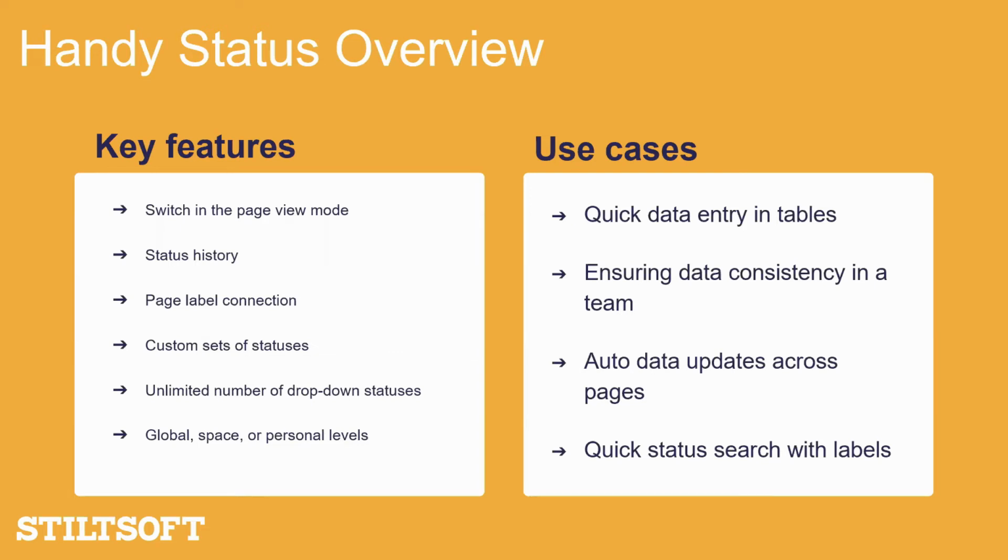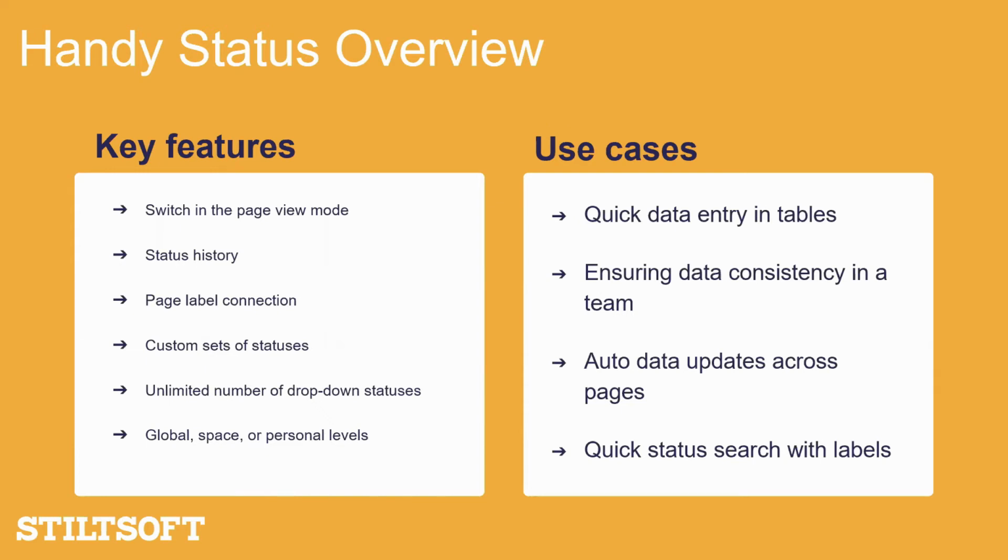There are many use cases for handy status, like quick data entry, especially in tables when you have lots of them on a page, ensuring data consistency in a team because mistyping won't be a problem anymore. Everyone is using the same status sets and the names of statuses are identical for everyone.